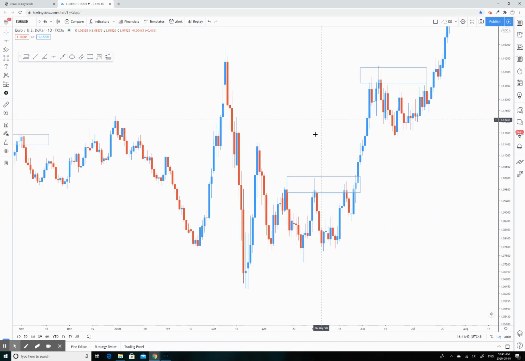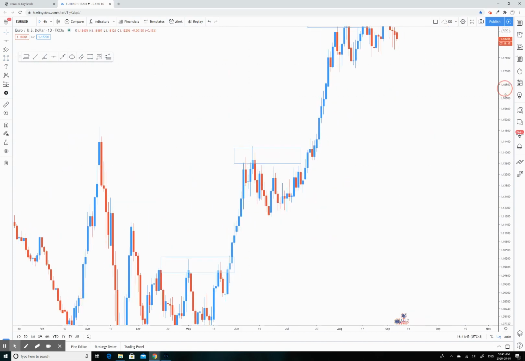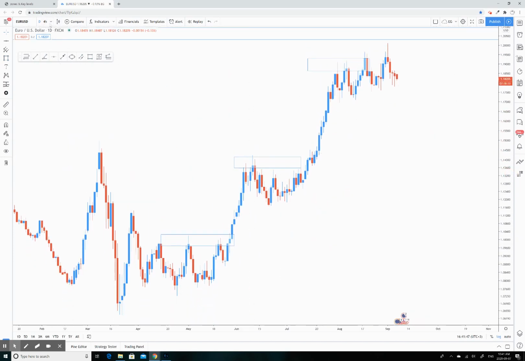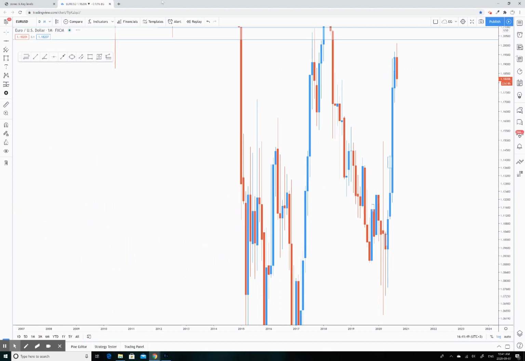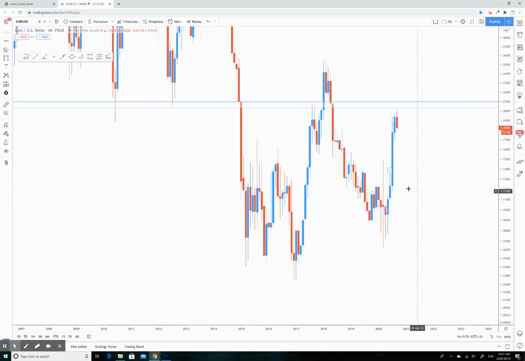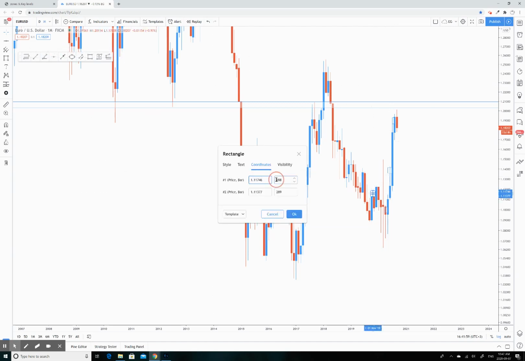If I were to go out, so I just plotted these three really quick, right? If I were to zoom out to the monthly time frame, I'm likely going to find that areas like this one here, if we were to extend it, let's extend it really quick. Leave off here so I don't confuse you guys.